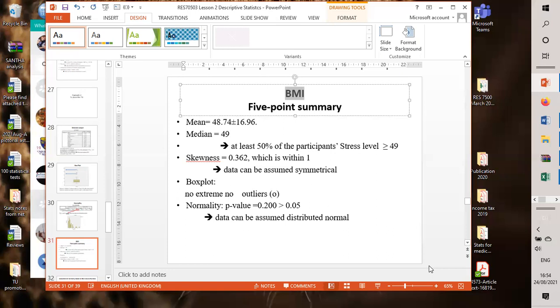Is it more than or less than 0.05? Less than. Therefore, the data is not distributed normally. So it can be symmetrical, yet not normal. Possible.